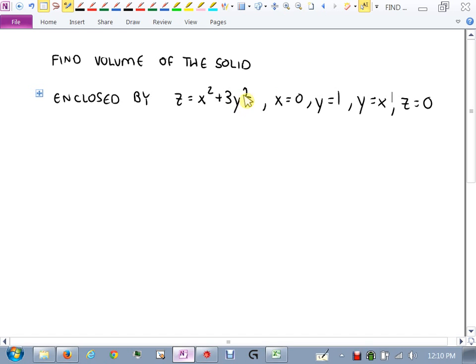Then what is x equals 0 in three-dimensional space? It's a plane, the YZ plane. So it's one of your walls. What is y equals 1? That's like the XZ plane, but it's been shifted 1 unit. And then what is y equals x?